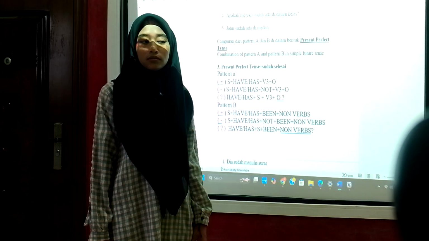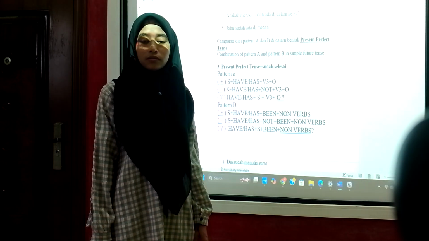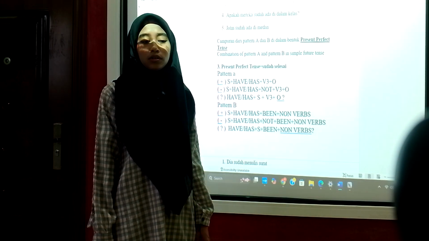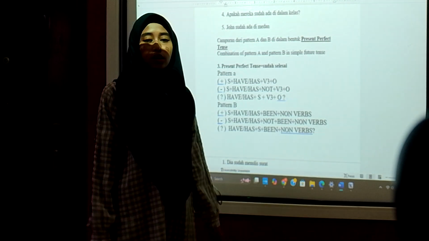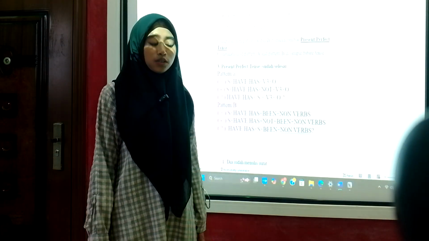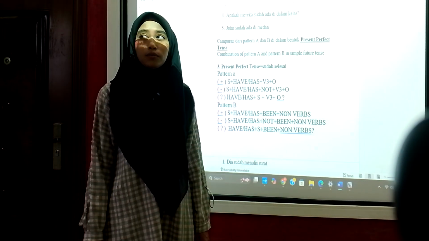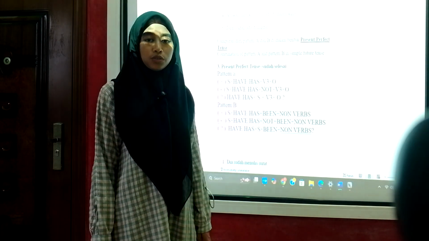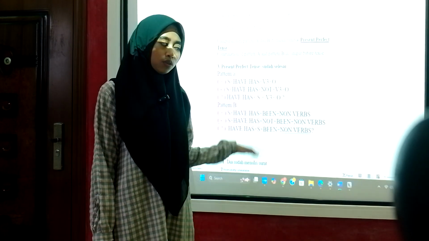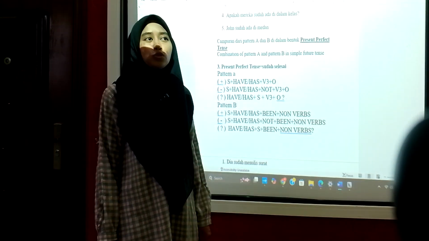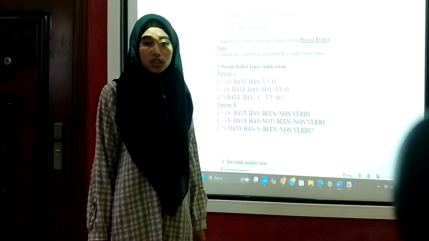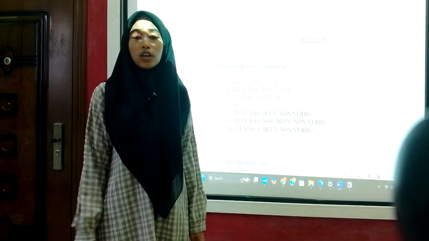Okay, and next. Before you start the lesson, what kind of scene setting did you do over here? Because this one is about translation, I opened the previous quiz of last week, which is still about present perfect tense, pattern B. So I review a little bit. I show 4 or 5 quiz questions, and I ask them to translate orally.